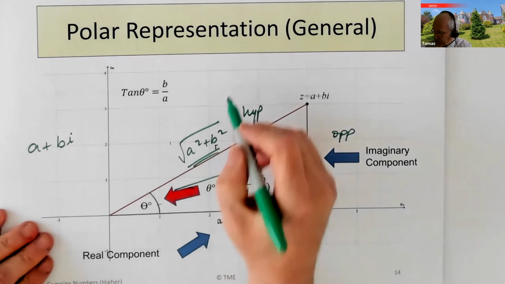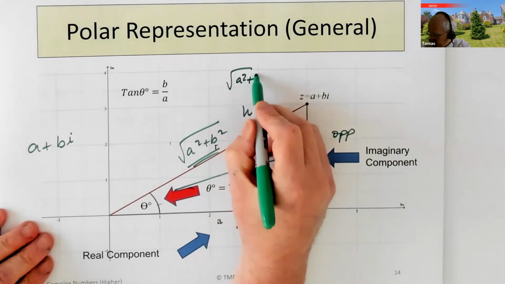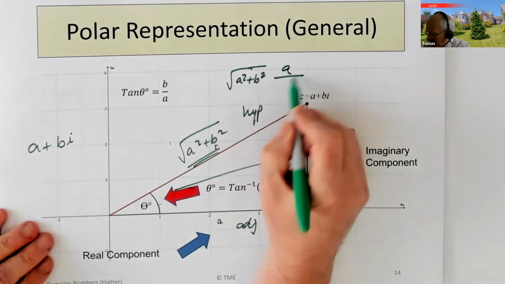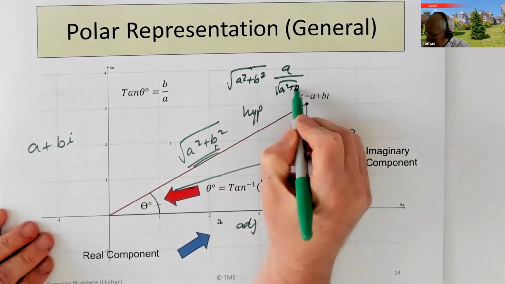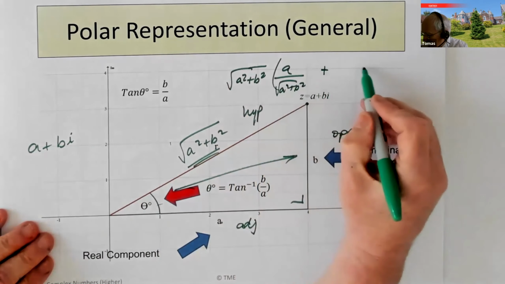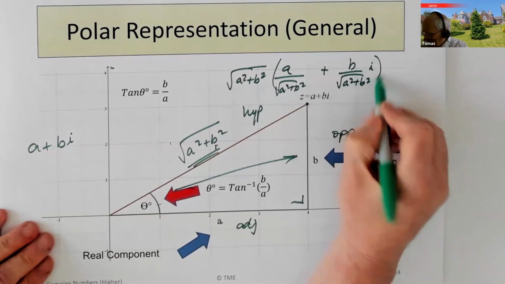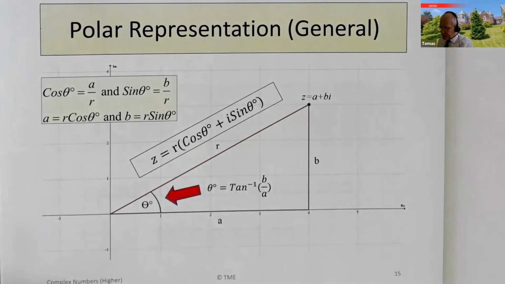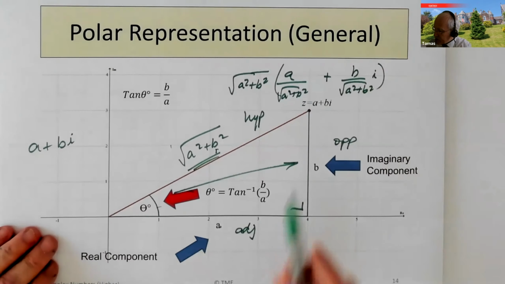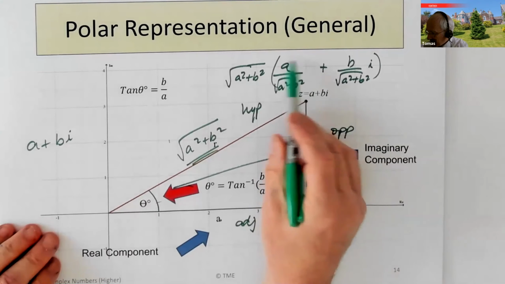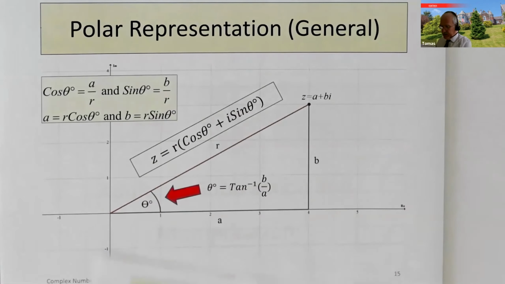So if we wanted this, we would write the square root of a squared plus b squared times (a over the square root of a squared plus b squared, plus b over the square root of a squared plus b squared i). We should be able to generally get the formula: that's cos theta and that's sine theta.